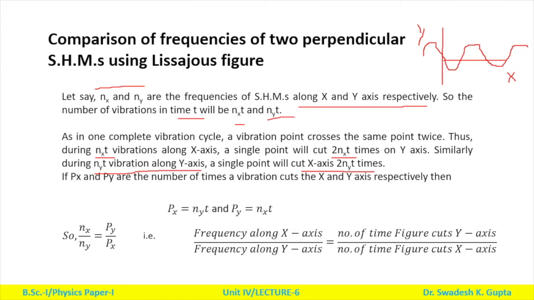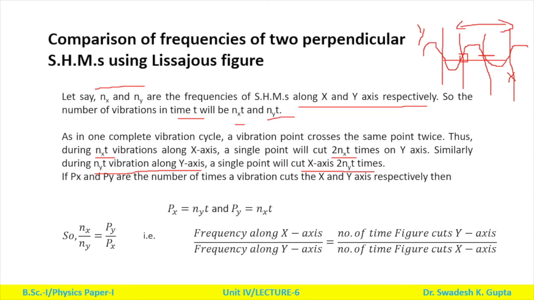It will cut, let's say this is the phase here, this point. So this is cutting the y-axis, and after some time it will again cut the same point on the y-axis. So in one cycle it will reach there 2 times.